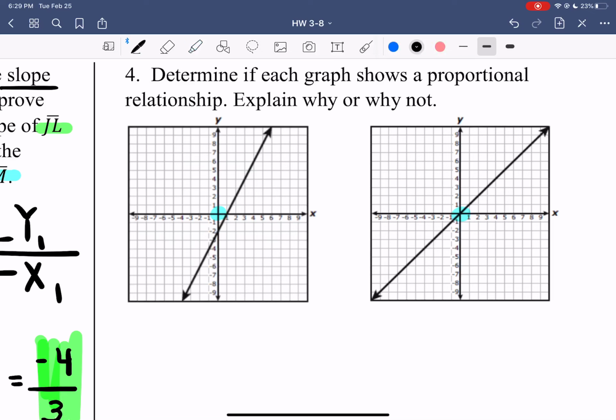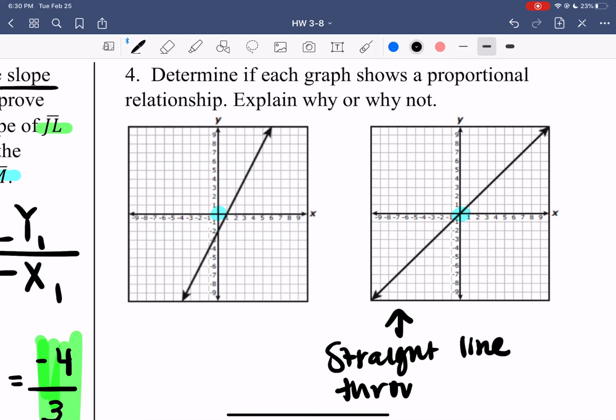Since this one is a straight line through the origin, it is proportional. And then this one doesn't go through the origin, so you can use that as your other example.